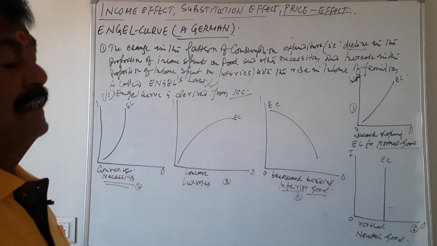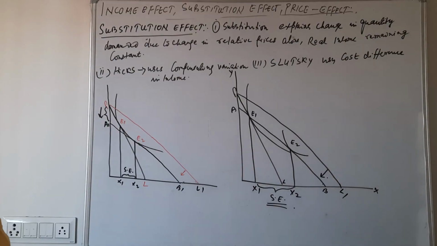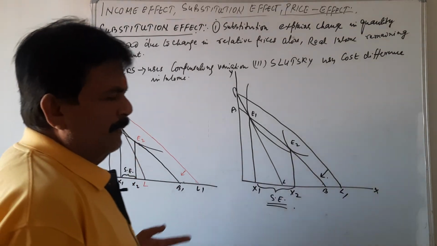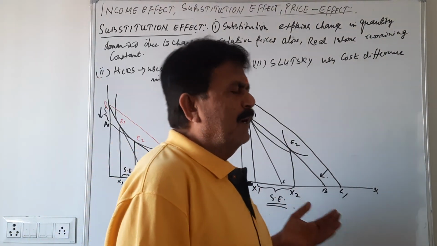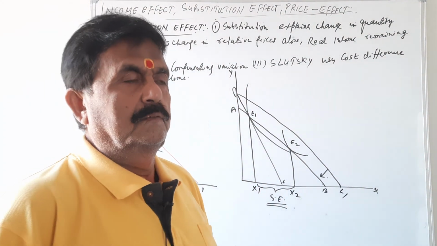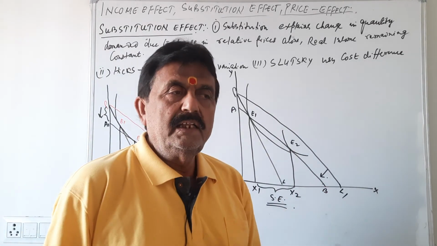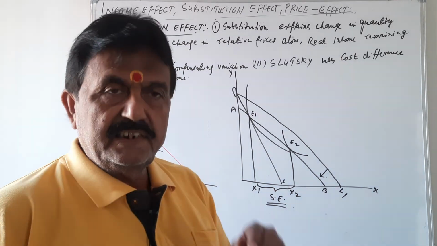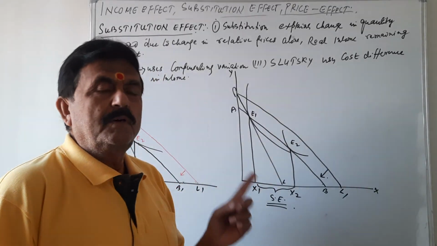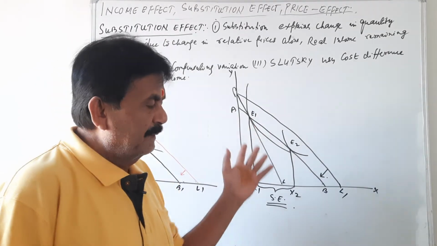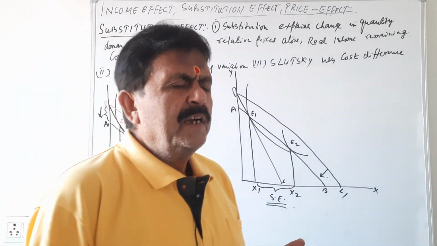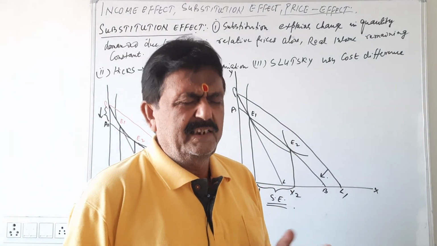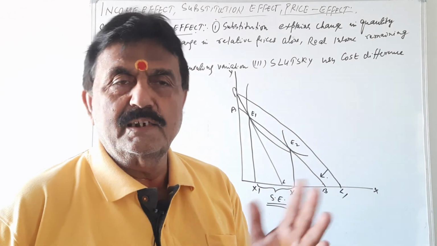Now we are going to see the substitution effect. When the price of any commodity increases, the consumer's real income diminishes. Conversely, when the price of any commodity diminishes, the real income of the consumer increases. This substitution effect explains that when there is a price variation, either increase or decrease, his real income changes.